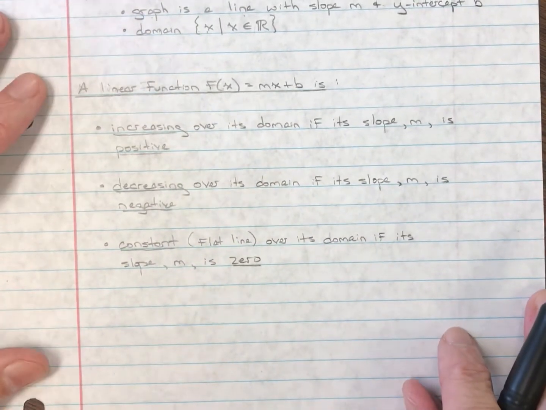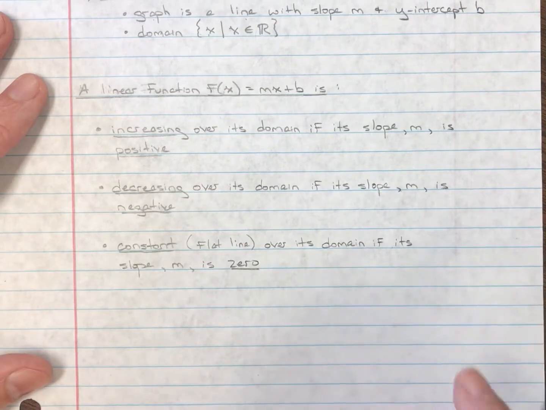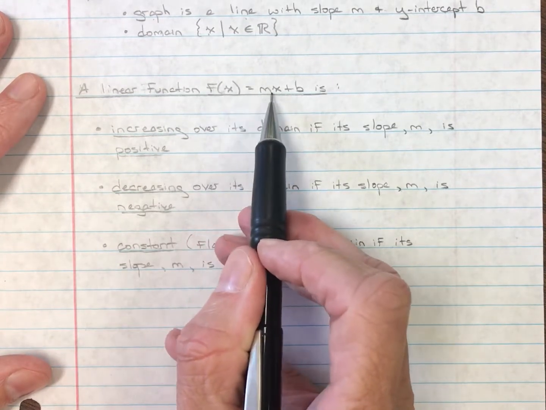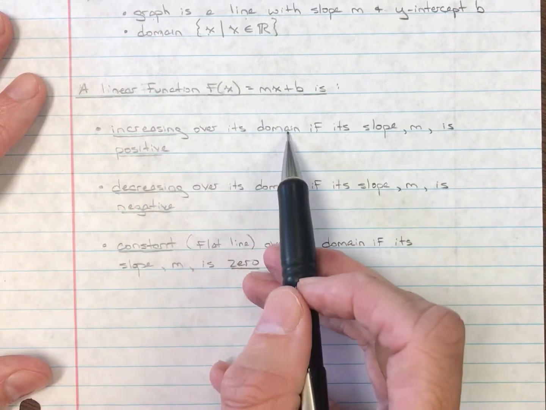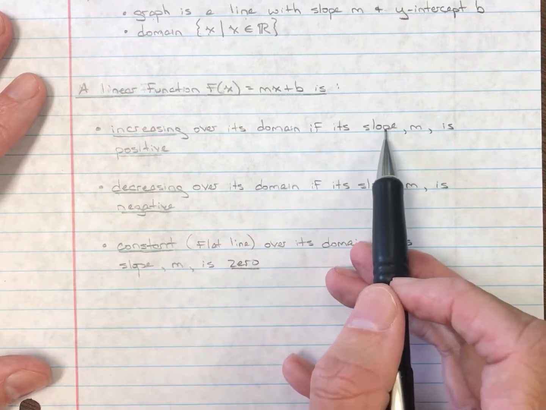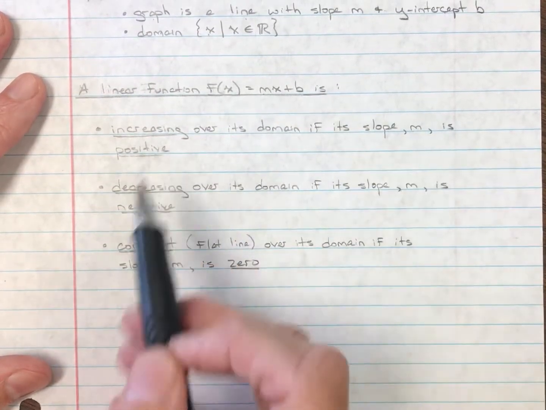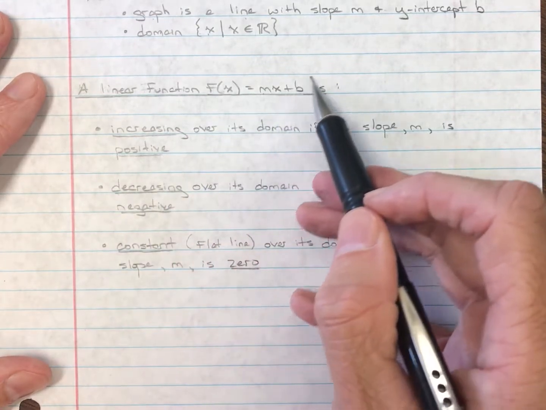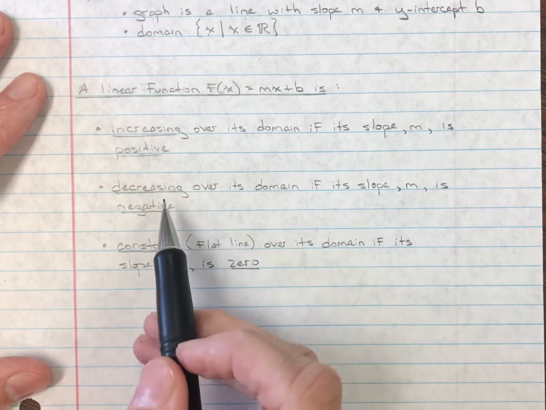So when is a linear function increasing, decreasing, or constant? A linear function, again, f of x equals mx plus b, is increasing over its domain if its slope, which is the m right here, is positive. If the slope is going up from left to right, it is an increasing linear function.